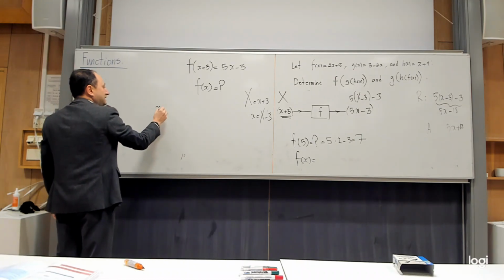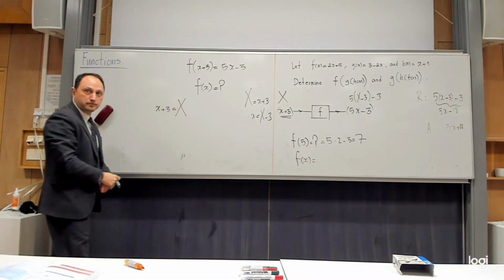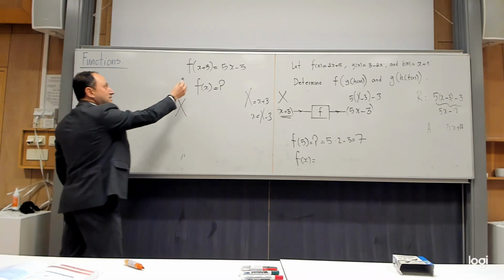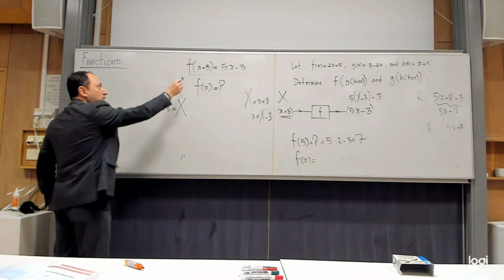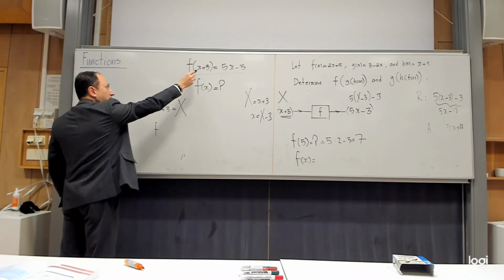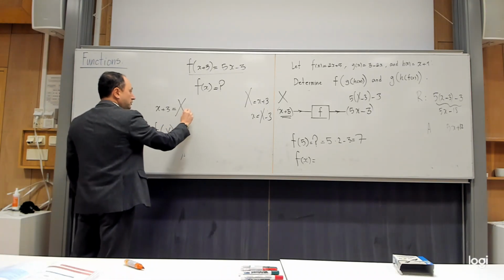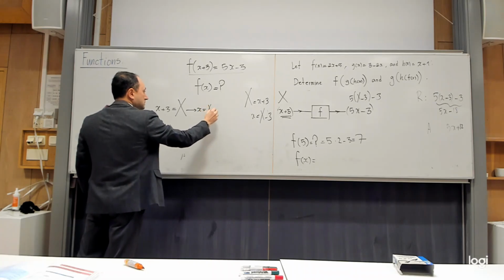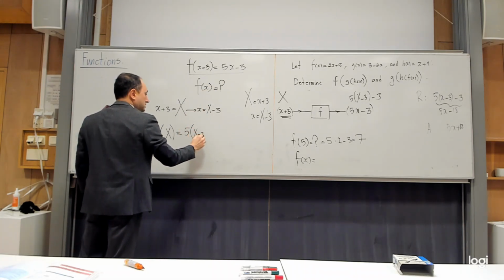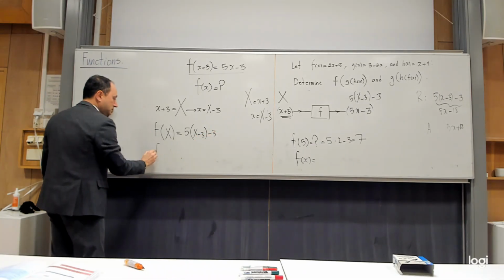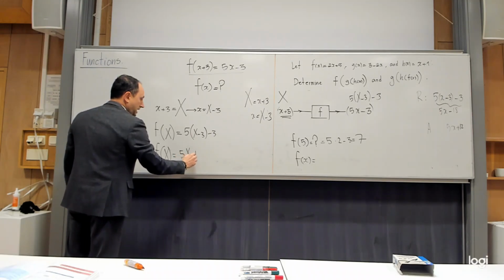So let me call x plus 3 capital X, and then rewrite this in terms of capital X. Please listen to this part: f of x is equal to, from here, little x is capital X minus 3, I put it there, it becomes 5 capital X minus 3, and then let me simplify. This becomes 5x minus 18, yes?